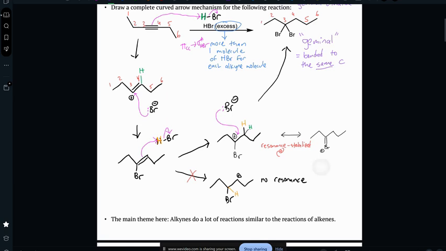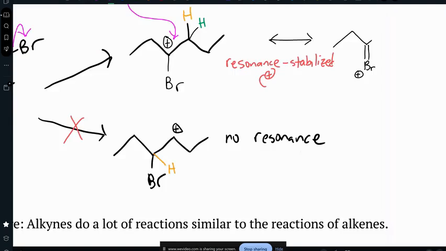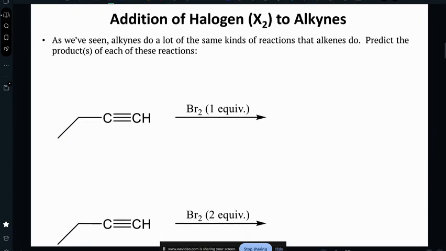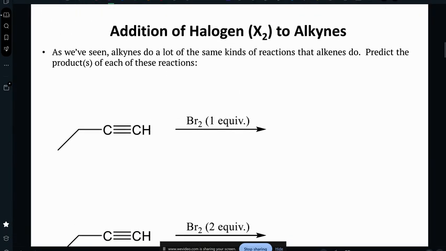The next slide expands on that theme, where we're taking a reaction of an alkyne, and in this case, reacting with a halogen rather than an acid like HBr. Now we're reacting with Br2.